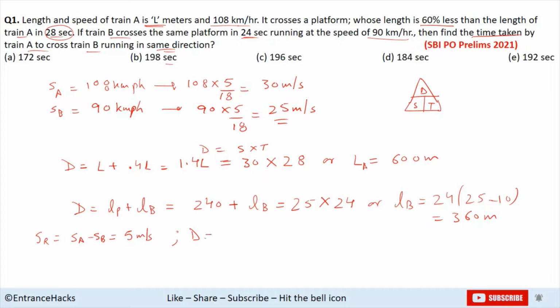The relative distance would be the length of A plus the length of B, that is 360 plus 600, so 960 meters, and time would be distance upon speed, so that is 192 seconds. So our answer is E, 192.